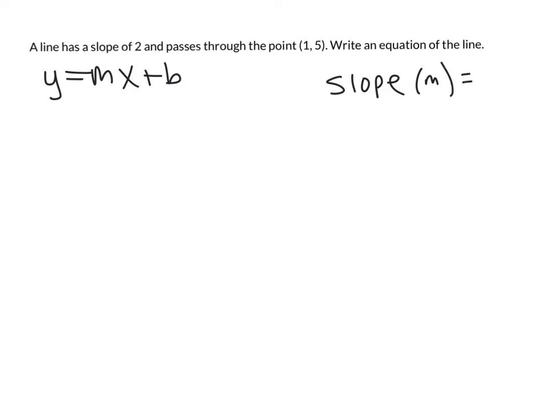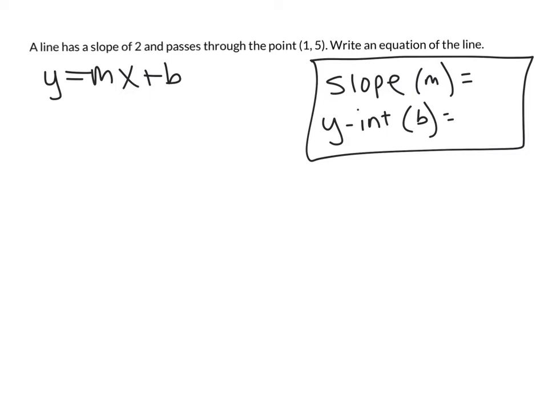We need a slope m, and we need a y-intercept, which is b. And once we know these, we have everything we need to write the equation for the line. We also know that sometimes we need an x or a y if we're missing either a slope or a y-intercept. Well, let's take a look at this one.